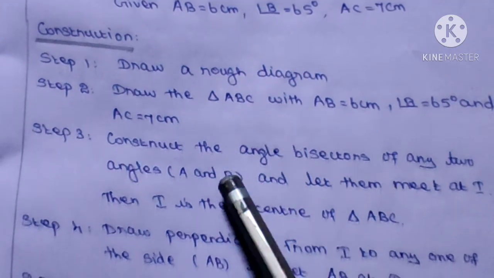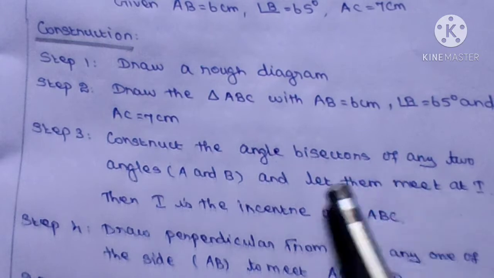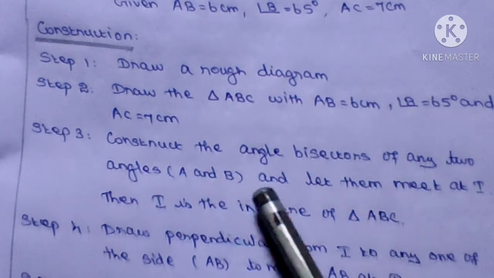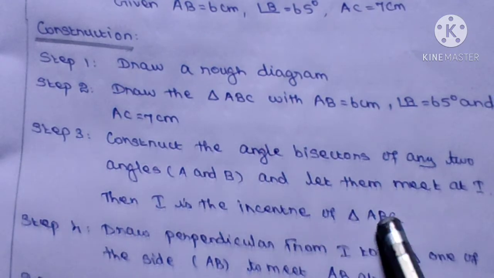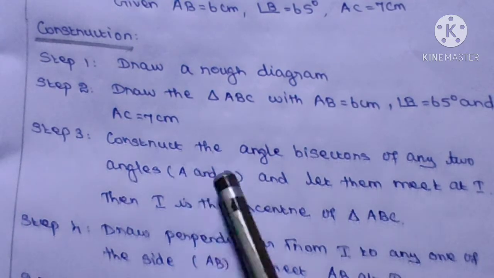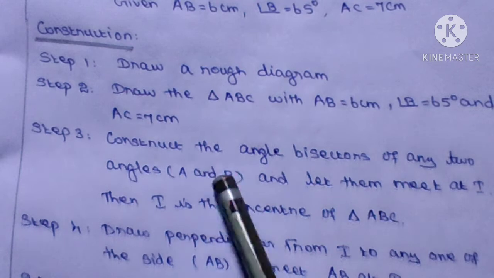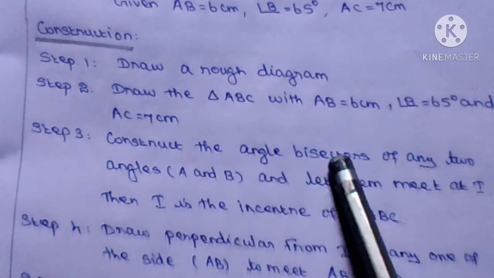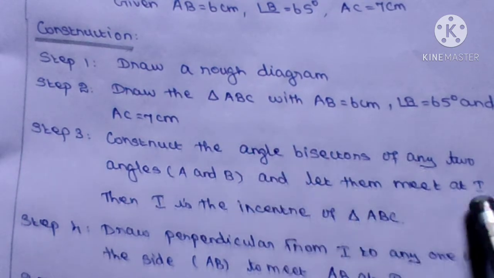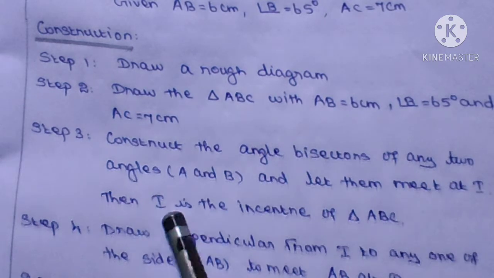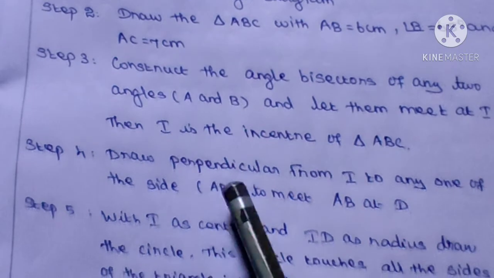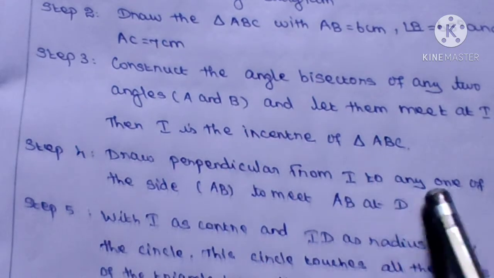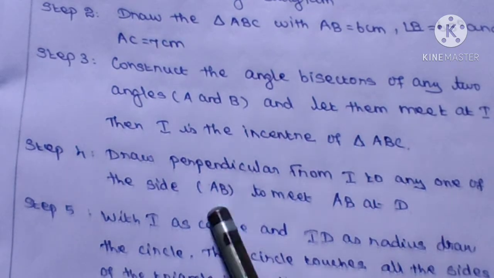Step 3, construct the angle bisectors of any two angles, A and B, and let them meet at I. Then I is the incenter of triangle ABC. So using the A and B sides, draw two angle bisectors. The two bisectors meet at I. That I is the incenter of triangle ABC. Step 4, draw a perpendicular from I to any one of the sides.